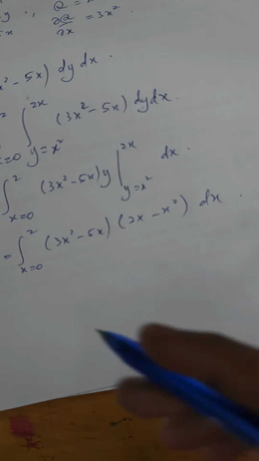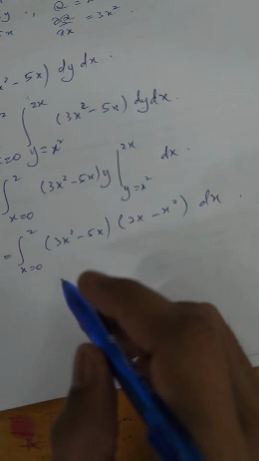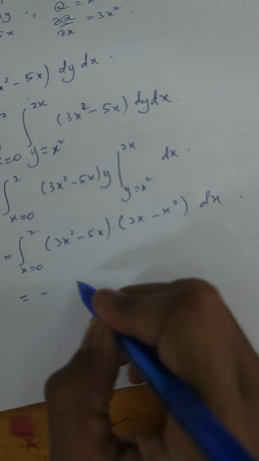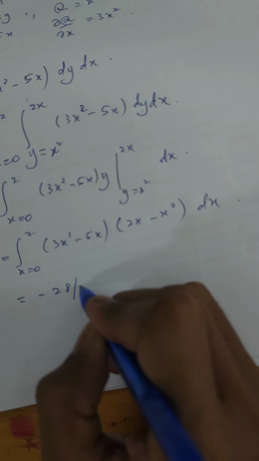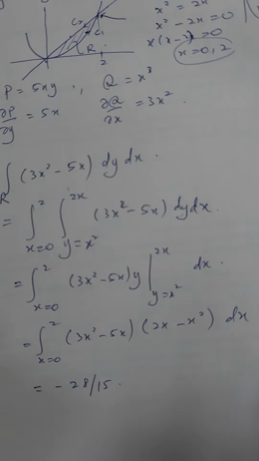Then you can simplify all those things. So the final answer you got is minus 28 over 15. Okay, so let's consider two more examples.